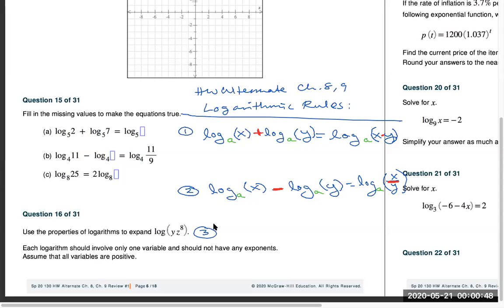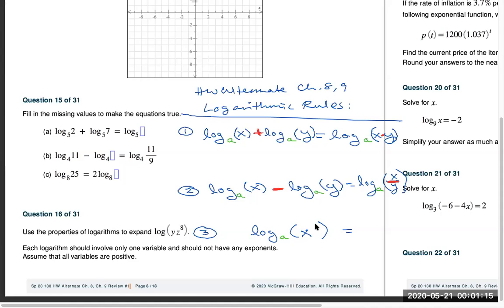And then the third, you're going to have log base A, and inside of your argument, you're going to take that argument to a certain power. Kind of running out of colors here.